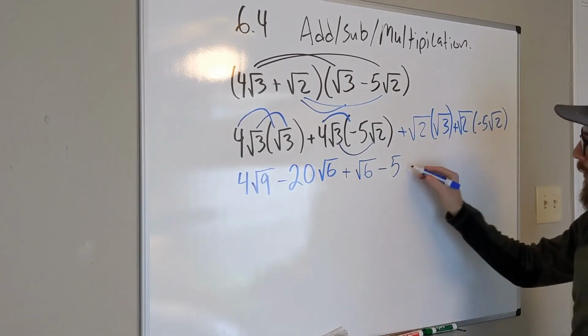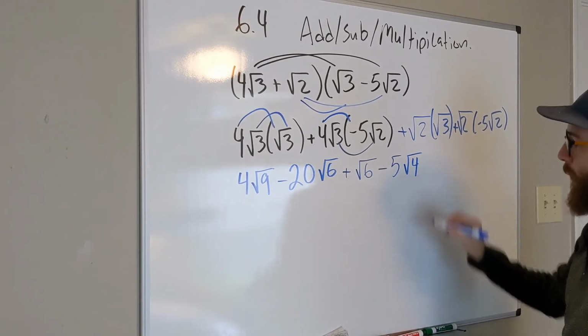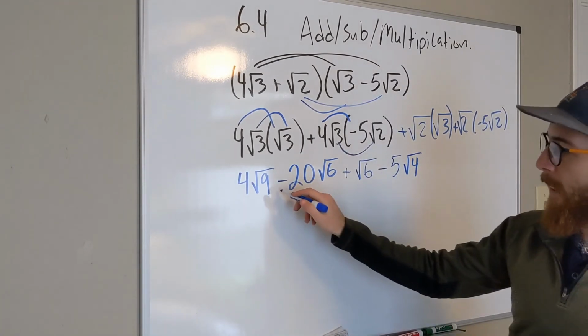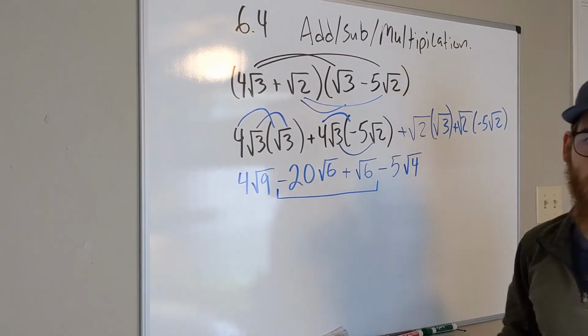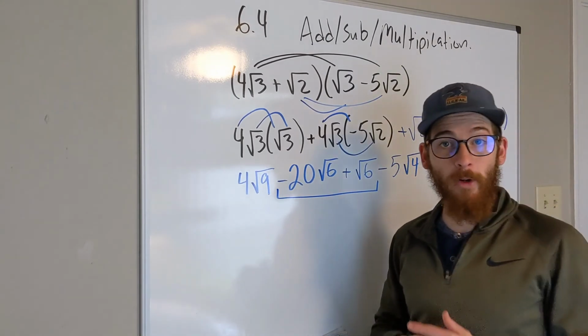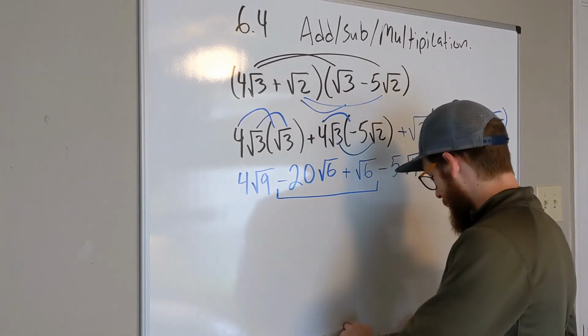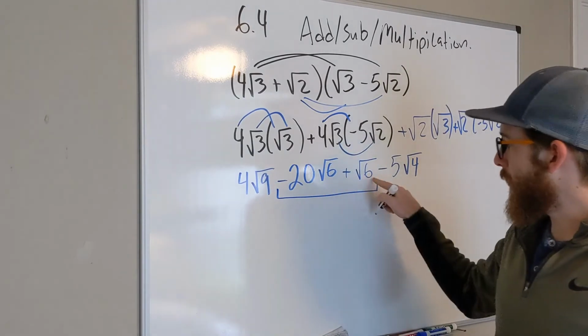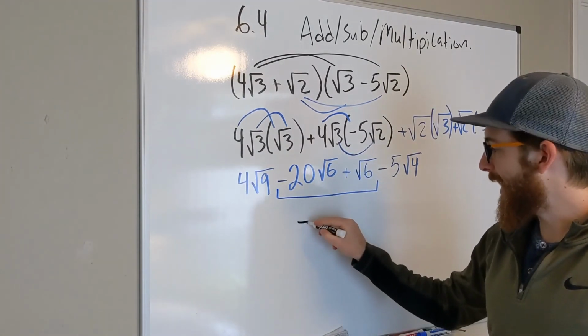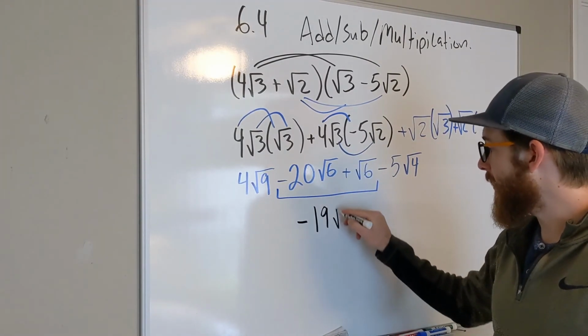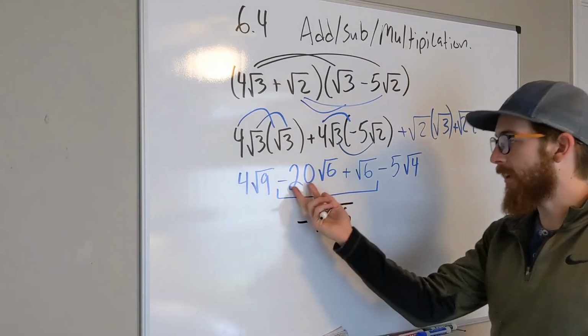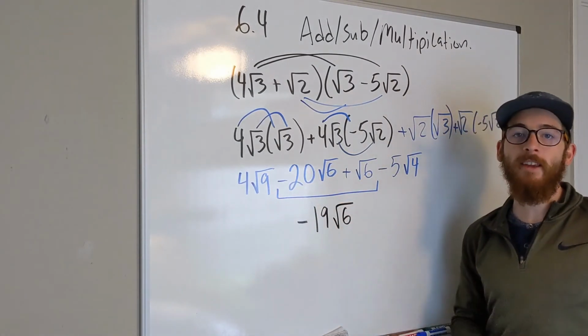Square root of 2 times square root of 2 is square root of 4. Okay, now, just like always, we're looking for like terms. So the middle two are alike. So that gives me negative 19 square root of 6. Negative 20 plus 1, negative 19.